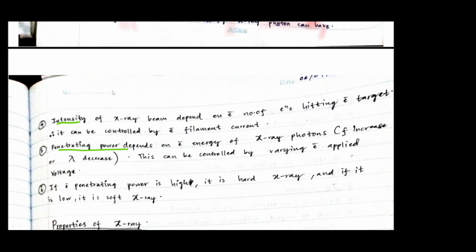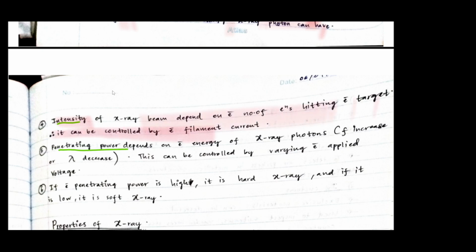It's obvious that when there are more photons, then it's brighter. Therefore, intensity increases if the number of electrons hitting the target increases. Hope it's clear. So, intensity of X-ray depends on the number of electrons hitting the target.